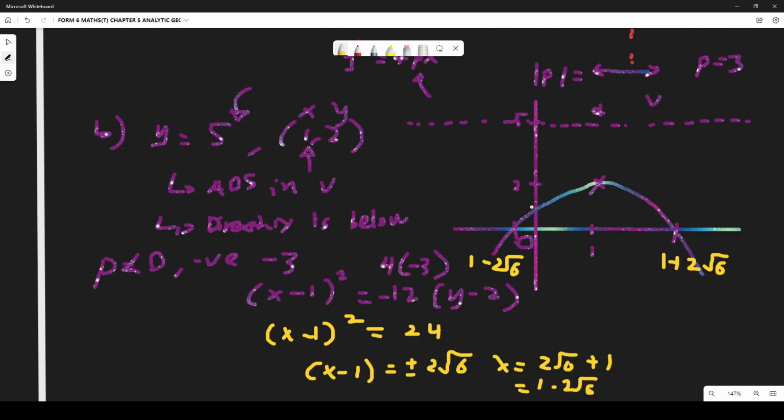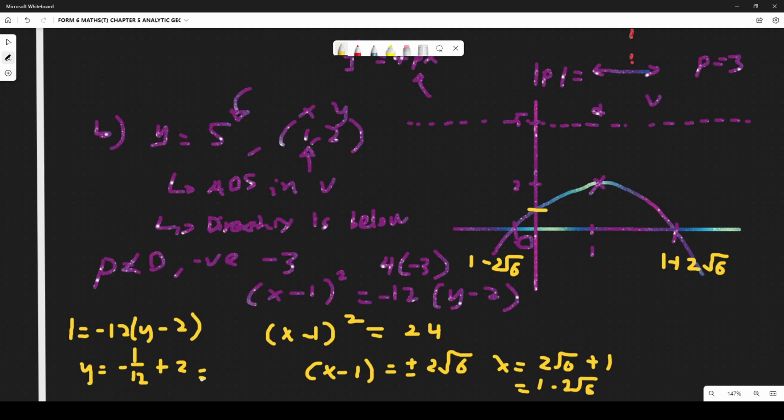You can also find this point. This point will be when x equals 0, right? So when x equals 0, then just negative 1 squared, so that's 1 equals negative 12 times y minus 2. So y equals negative 1 over 12 plus 2.